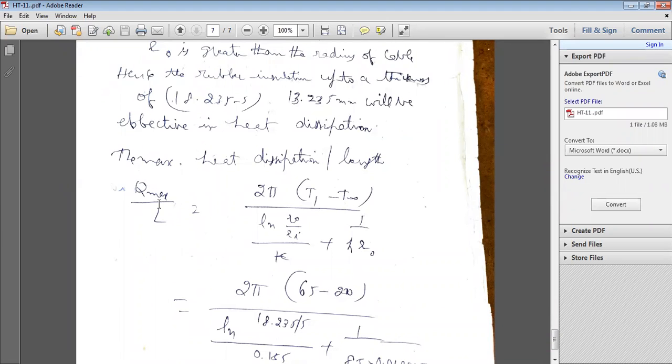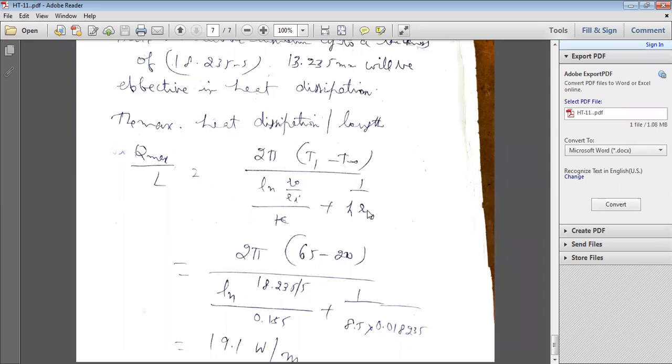The maximum heat transfer per unit length, Q max by L, is equal to 2 pi into T1 minus T free stream divided by Ln Ro by Ri divided by K, plus 1 by H Ro.